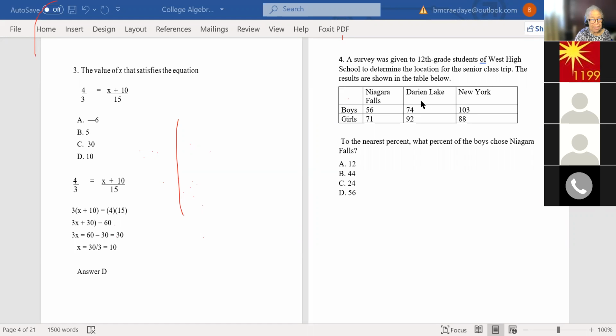So take the 56 and divide that by the sum. Add these three numbers together: 56 plus 74 plus 103. Divide that number into the 56. Tell me what percent you get. Okay.